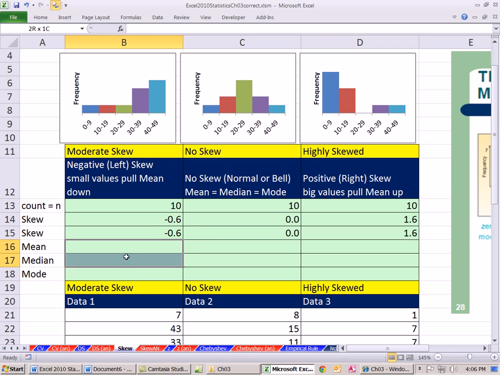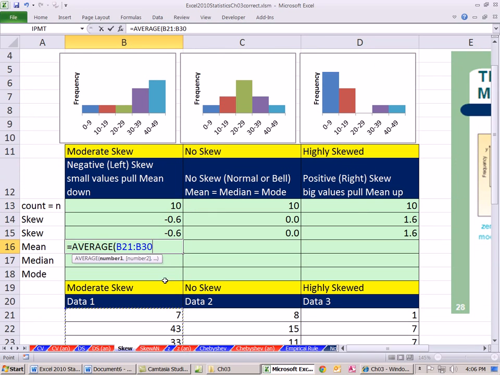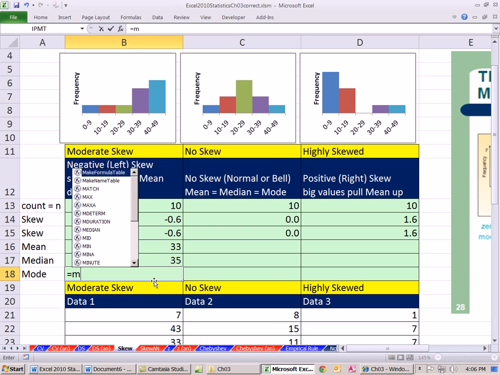More important even than that, we want to talk about the relationship between mean, median, and mode. I'm going to calculate mean, average. I'm going to copy that, Control-C, enter. Median, Control-V, enter. And then equals mode.